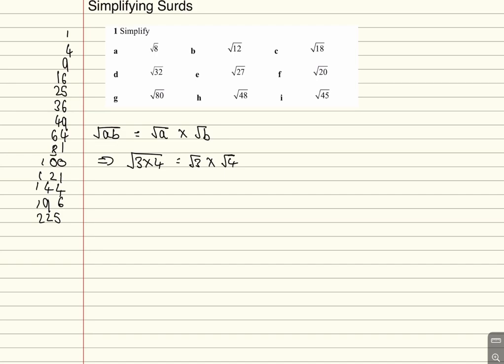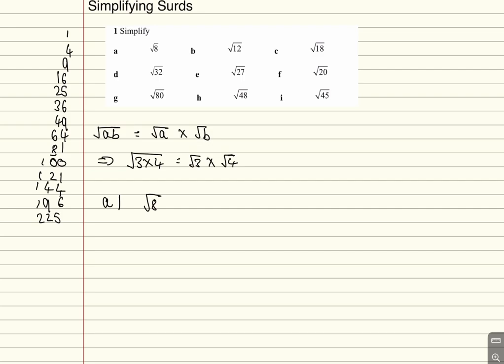For part A, we've got the square root of 8. We look at our square numbers and find the biggest square number that is less than 8, that's 4. Does 4 go into 8?